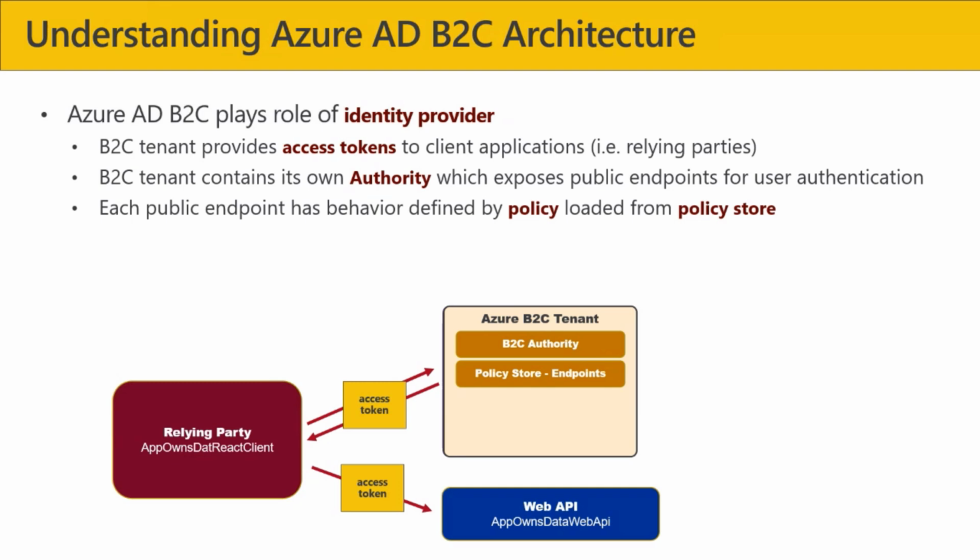So we want to create different endpoints for authorization. So what we're going to do is create multiple policies, and we can create a policy the easy way with the user flow, or the hard way with a custom policy. But either way, those policy definitions get saved into this policy store so they can be loaded as users begin to start authenticating against these policies.